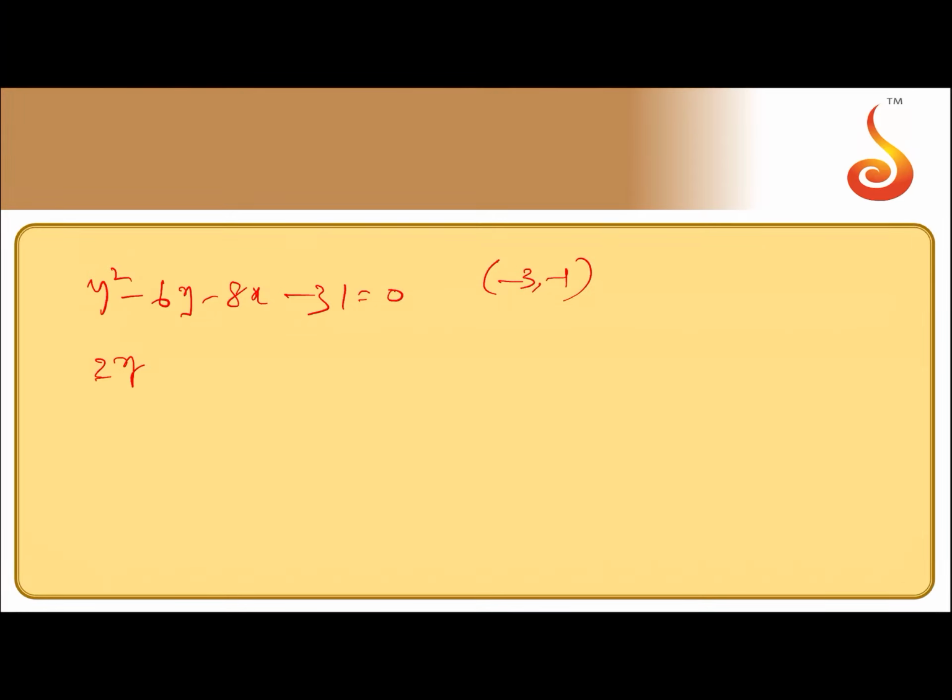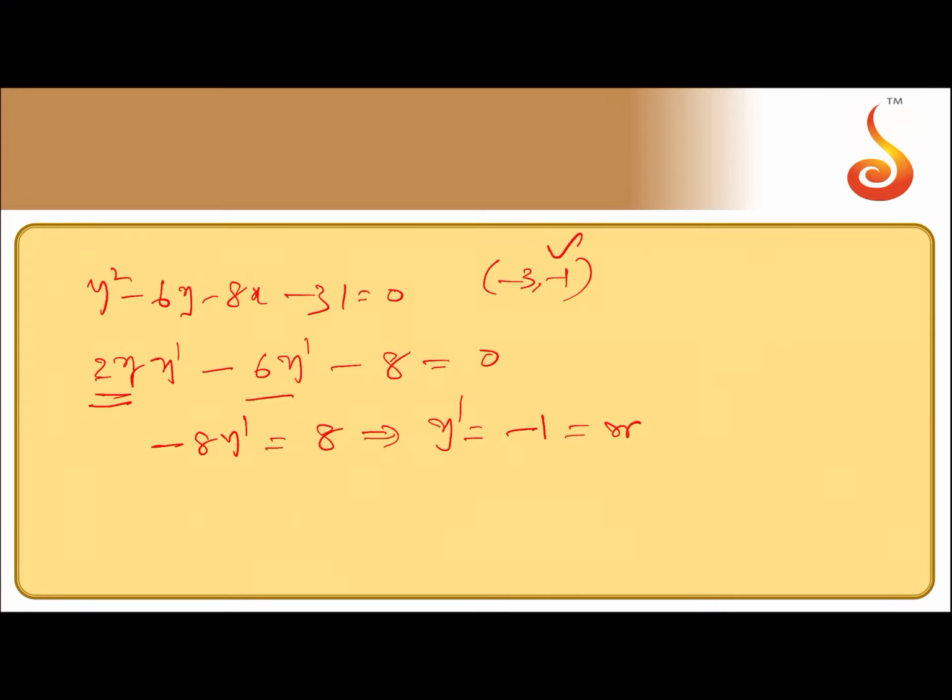Let me find the derivative. So 2y y dash minus 6y dash minus 8 is equal to 0. So therefore y dash at the point y is equals to minus 1. When you substitute, you'll be getting minus 2 minus 6y dash minus 8 is equal to 0, means y dash is equals to minus 1.